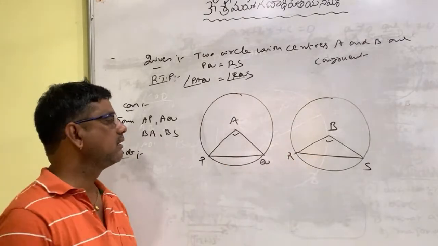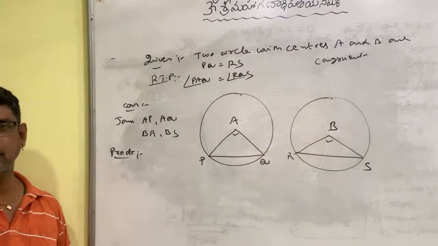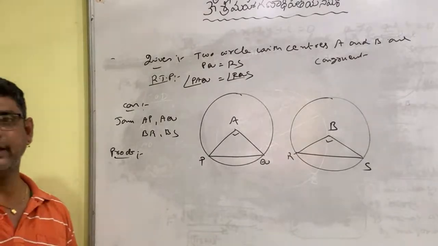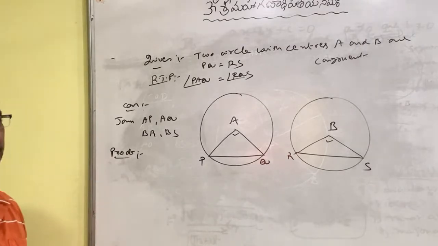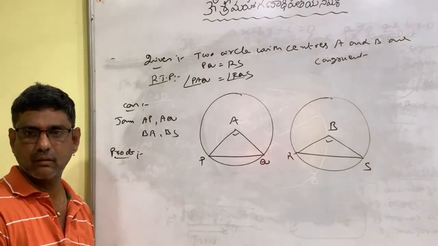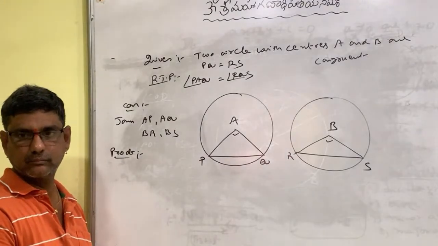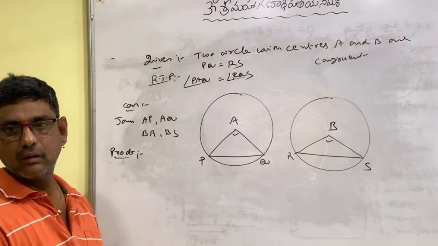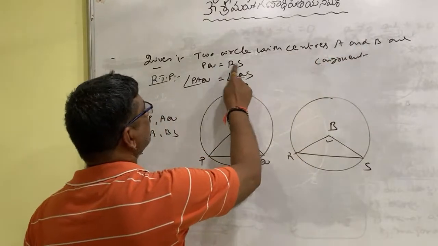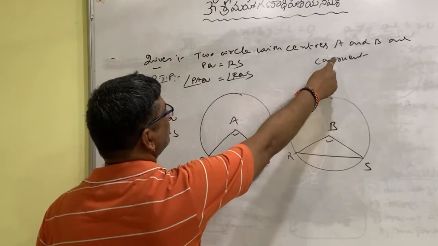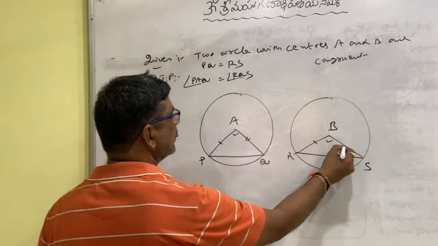Are they congruent? If they are congruent, by which congruency? SSS, right? Because the two circles with centers A and B are congruent, as given, their radii are equal. This is equal to this, and this is equal to this.